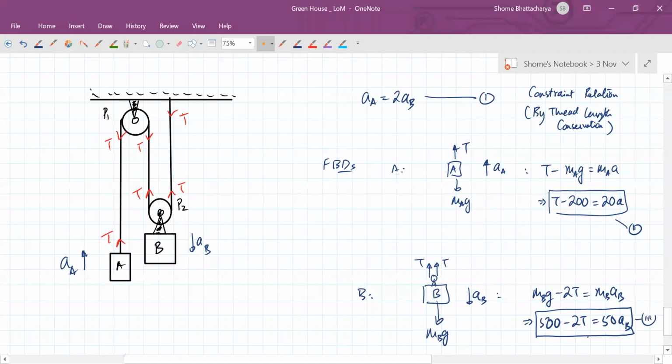Now, as you would have noticed, there are three variables. There is acceleration of A unknown, acceleration of B unknown, and tension unknown. So we needed three equations, and we got the three equations. Now we have to solve these three simultaneously. But obviously the solving is going to be a little more complicated because there are different accelerations on the right hand side, first of all. And also here you have T and here you have 2T.